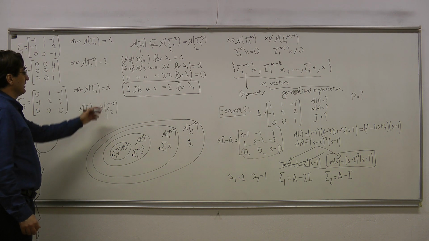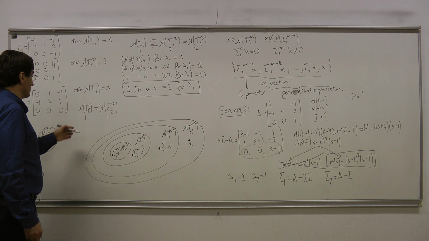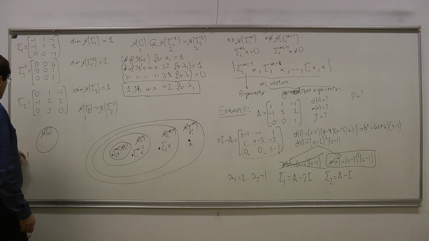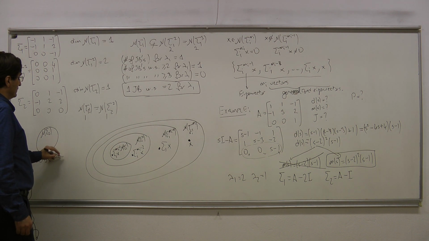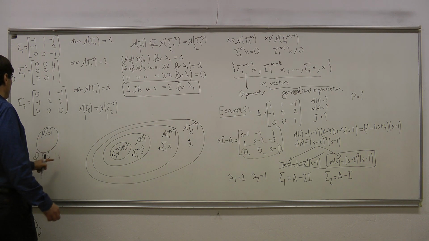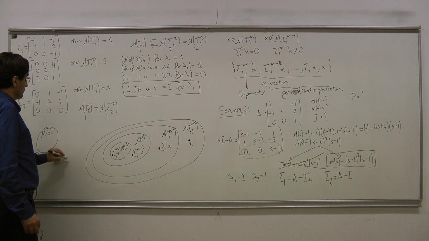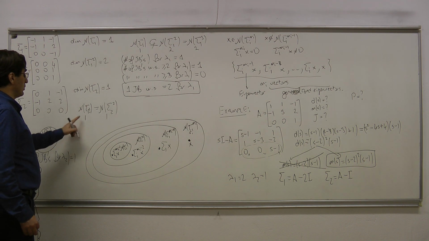So in this case, what is the total number of Jordan blocks? It is the number of Jordan blocks with size larger than or equal to 1 for lambda 2. In this case, it is 1.